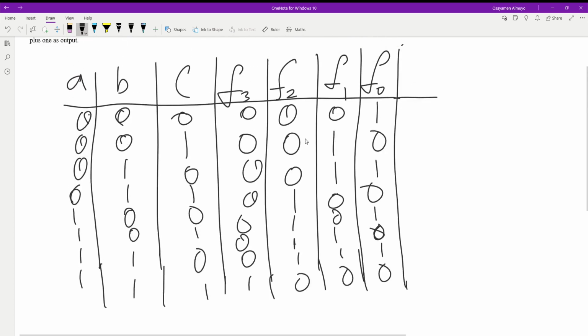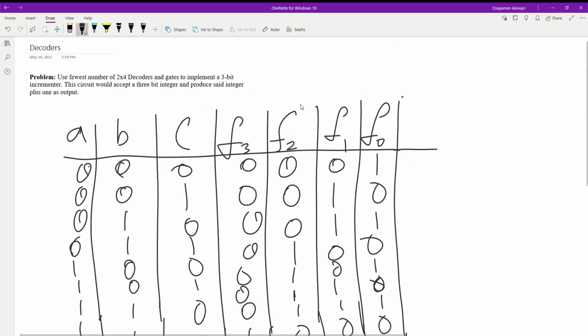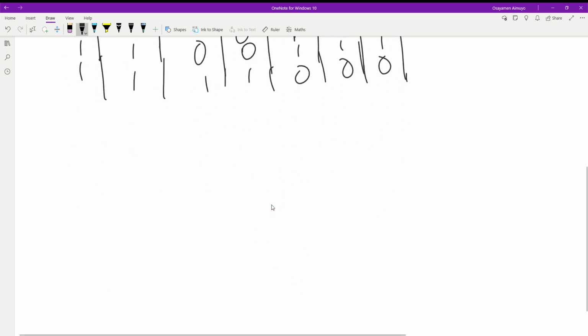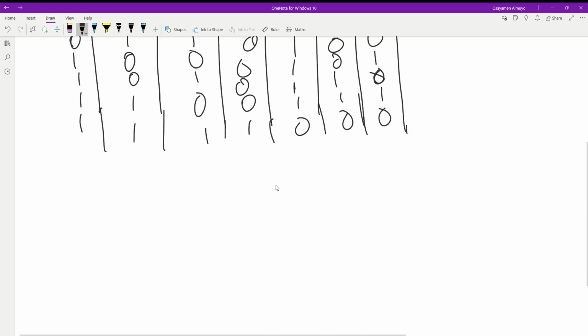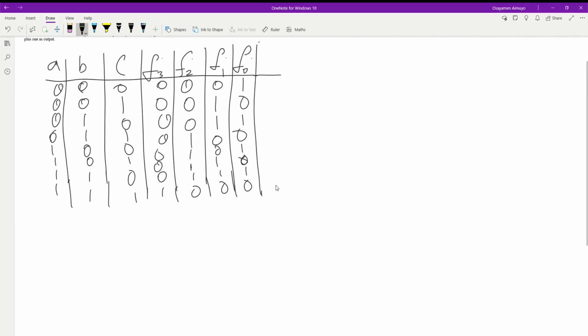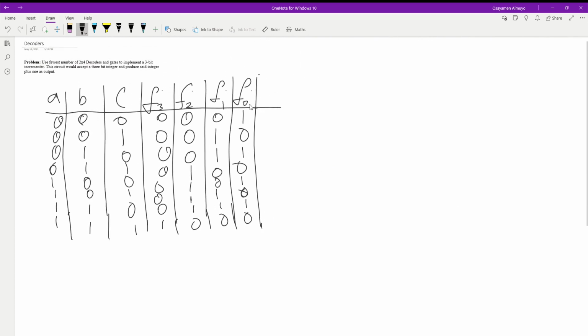And now, since we're dealing with decoders here, we do not necessarily have to find the resultant equations for each output. But what we can notice very quickly is that the output F0 is equal to C bar.